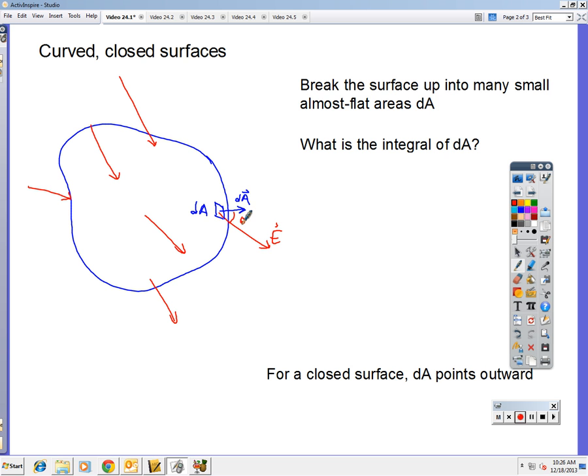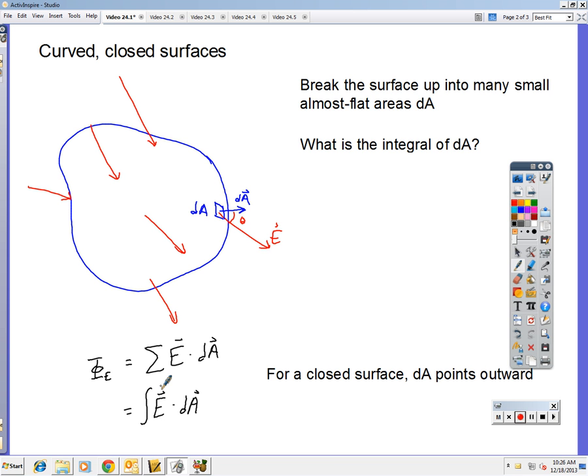And so the flux we can write as the sum of all the E dot dAs, and since the dAs are very, very tiny and there are many, many of them, we write the integral for the flux that way.